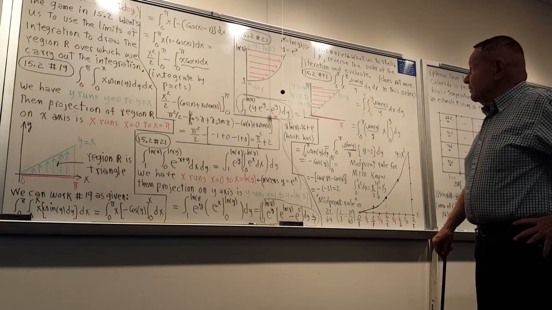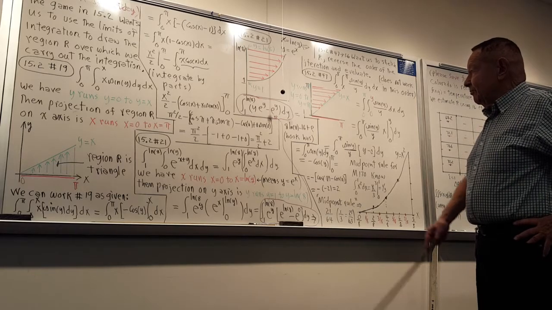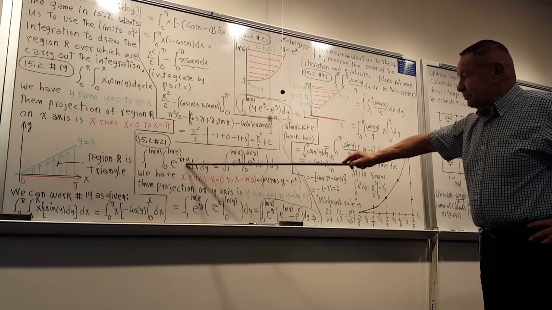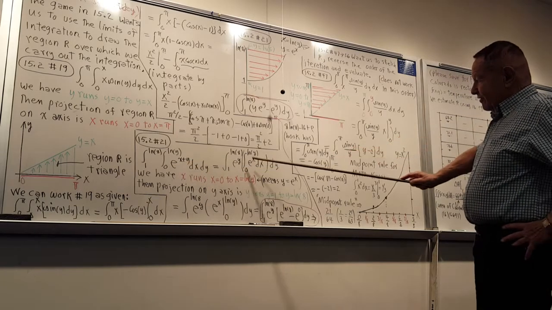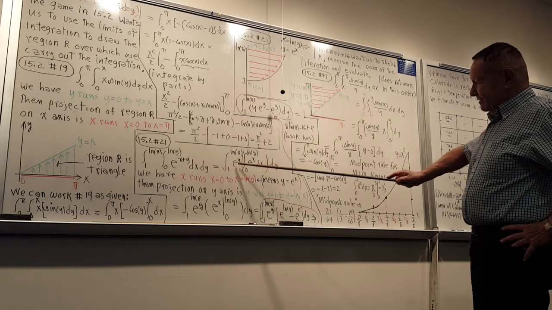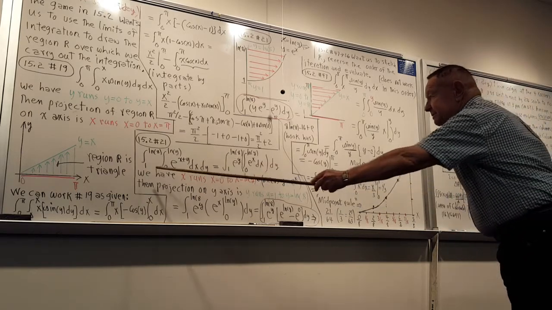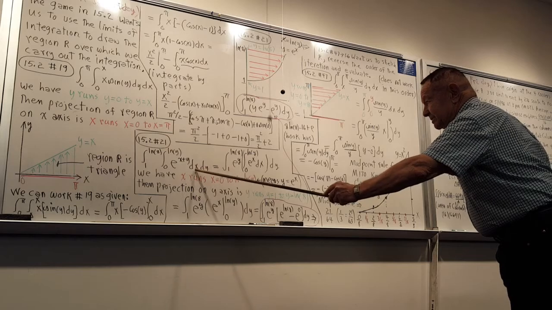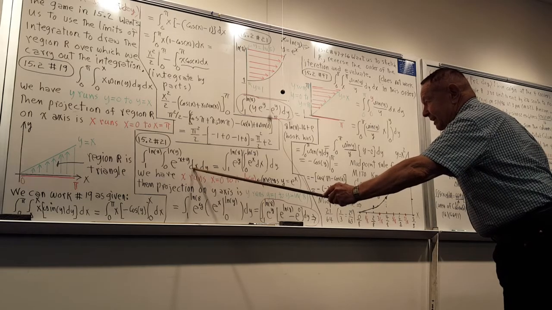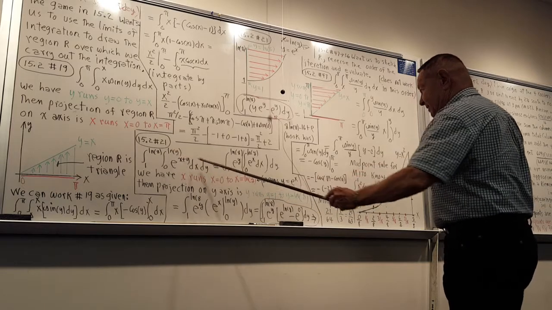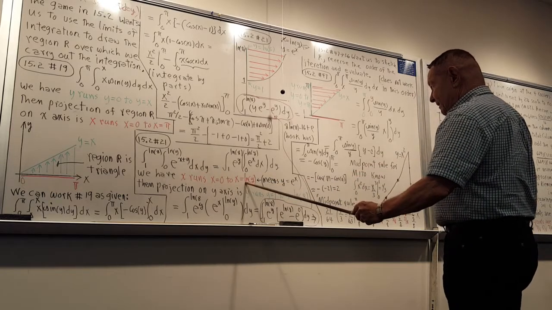Okay, suppose you look at 21. You have e to the x plus y. Remember that factors into e to the x times e to the y. And it starts out with x. So x is running from x equals 0 to x equals log y.